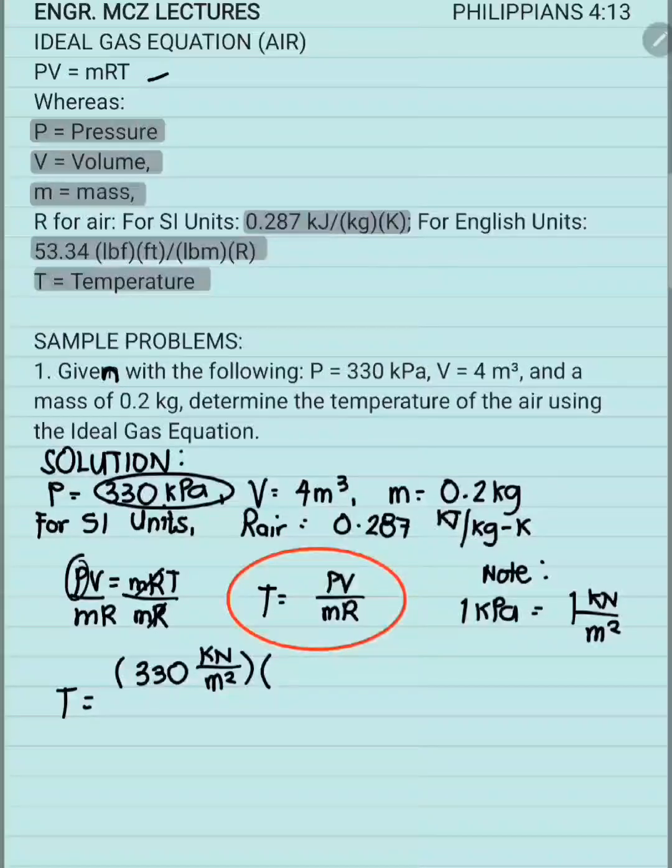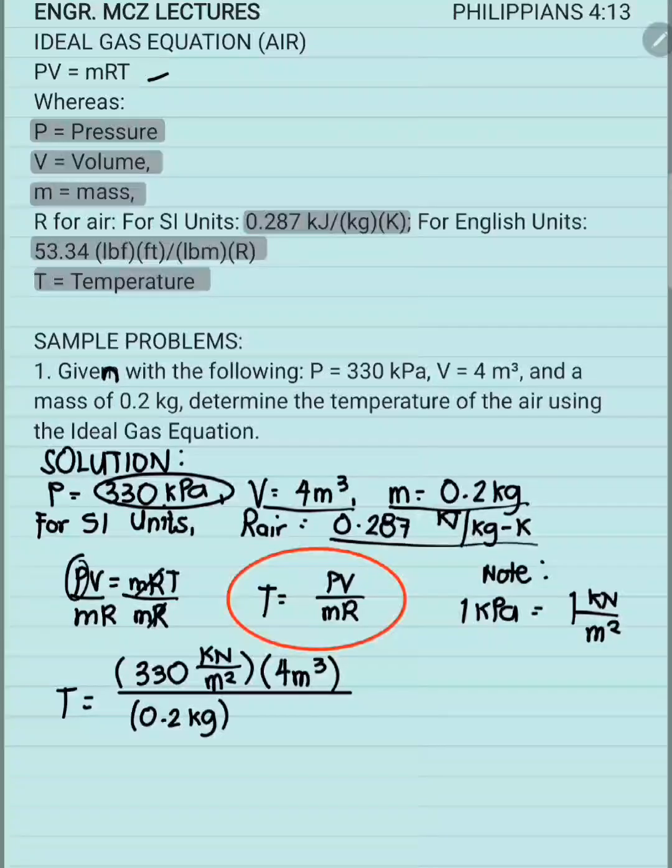Let's substitute the volume, which is 4 cubic meters, over the mass of 0.2 kilogram, and the value of R, which is 0.287 kilojoule per kilogram Kelvin. Take note that kilojoule is also equal to kilonewton multiplied by meter.